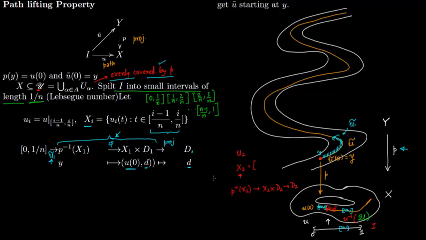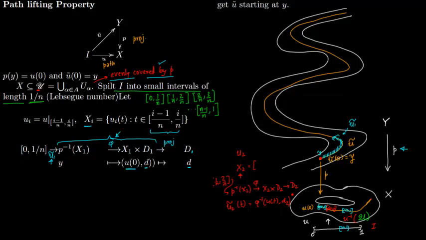Then you will again have some interval from 1/n to 2/n, and this is getting mapped to a constant. Since this is getting mapped to a constant, you can now have a unique lifting, and this unique lifting u2 tilde will be equal to phi inverse of (u of t, say another constant, say d2 now).